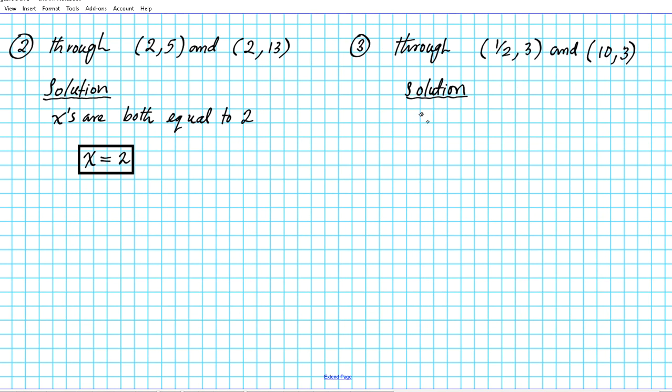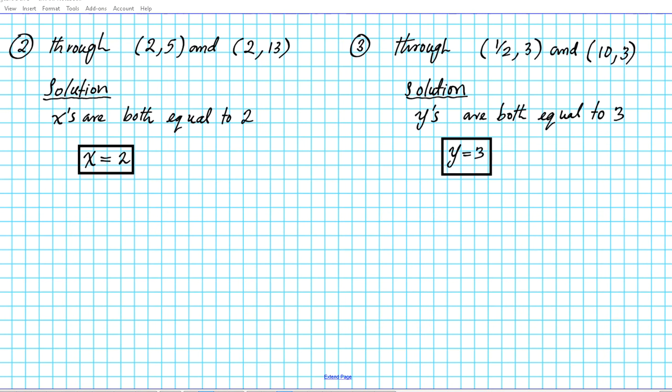In this particular case, you notice that the y's are the same. The y's are both equal to 3. So what is the equation of this line going to be? Since the y's are both equal to 3, the equation of the line will simply be y equals 3. End of story.